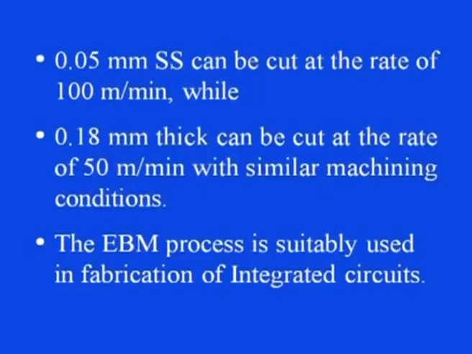The rate of slotting depends, of course, on the work thickness. 0.05 millimeter stainless steel can be cut at the rate of 100 meter per minute, while 0.18 millimeter thick sheet can be cut at the rate of 50 meter per minute with similar machining conditions. Thus, we have seen that as the thickness increases, the rate of machining comes down significantly.